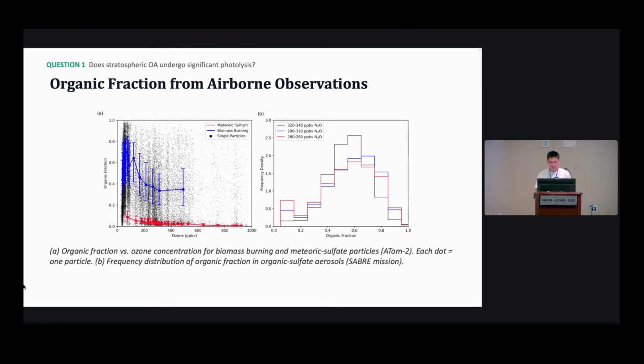The blue line is about 1.5 years old, and the red line is about 2.5 years old. Even though the red distribution is 2 years older than the black line, we can see their organic fraction distributions remain unchanged, which proves that these organic aerosols are pretty stable chemically and physically.